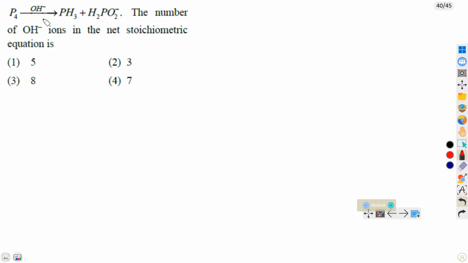P4 to PH3 plus H2PO2 minus. Disproportionation reaction is given. The number of OH minus ions in the net stoichiometric equation is. How many OH minus ions are present? 3 OH minus ions are present. How, sir? Balance the reduction half, where P4 is converted to PH3, as well as the oxidation half, where P4 is converted to H2PO2 minus.